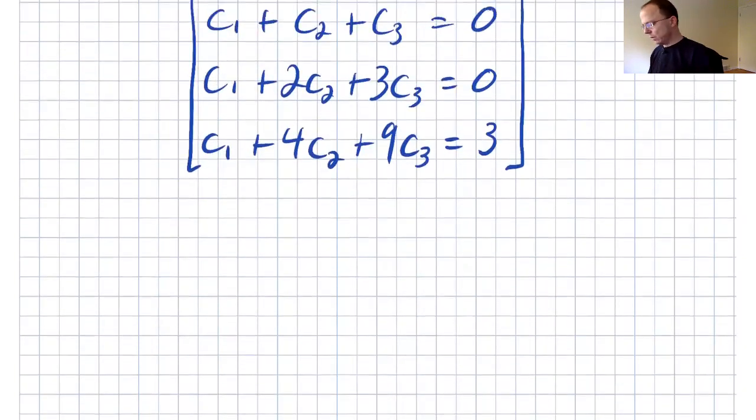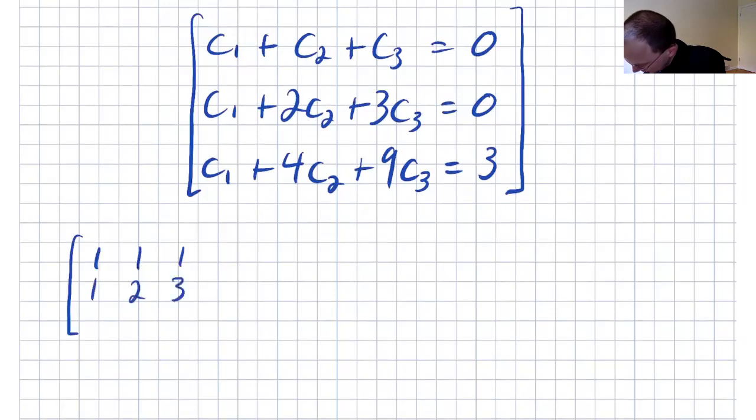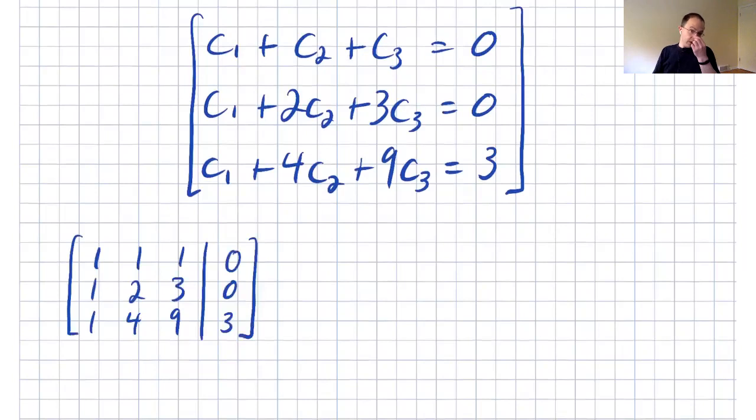So how would you do this if you've taken a linear algebra class? Then you know that you can write down what's called an augmented matrix, where you just write down the coefficients of these variables. And then usually you draw a vertical line to separate it from the right-hand side. And then we do some row operations in order to make this into a simpler form.